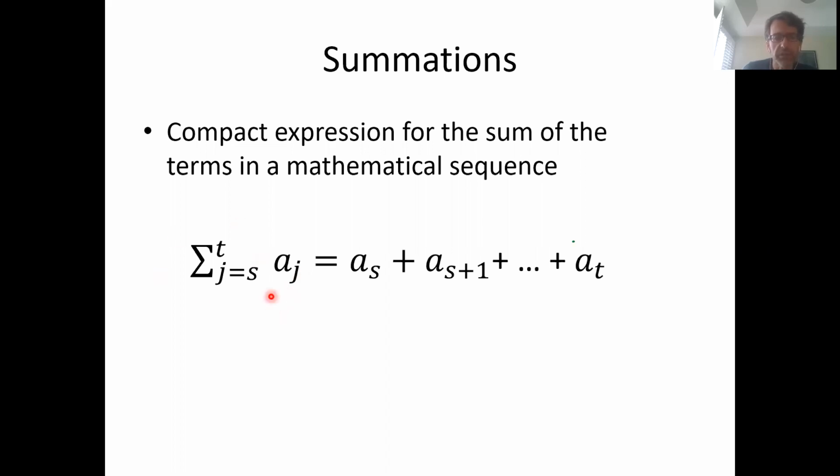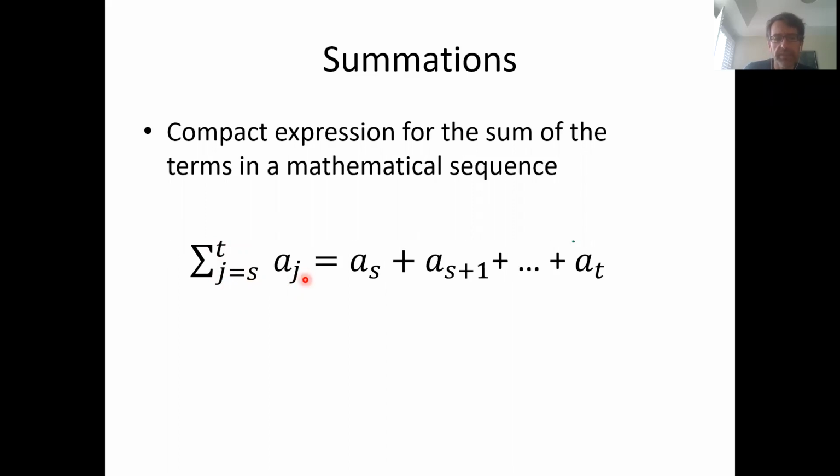You can then use this symbol, which is read sigma for sum, you sum this expression, which is a sequence value, for index j, which starts at starting index s and ends at some target index t.